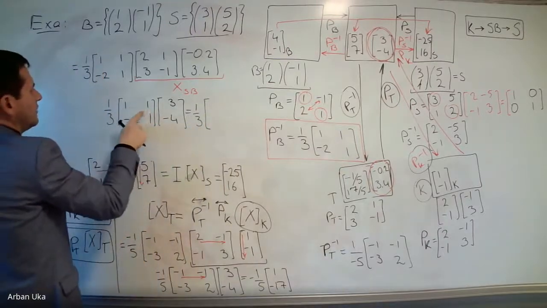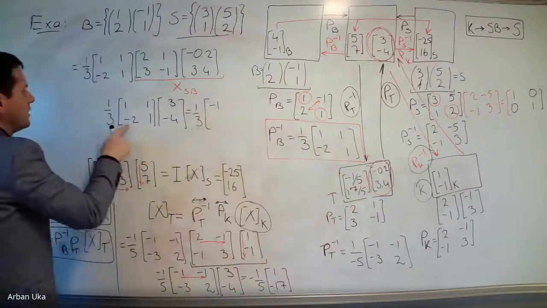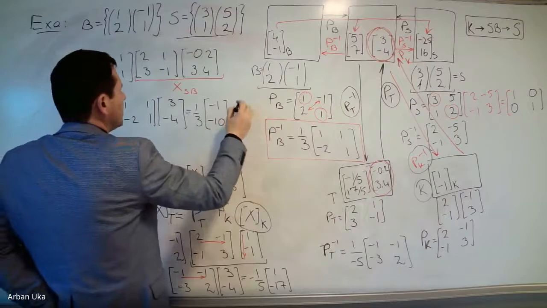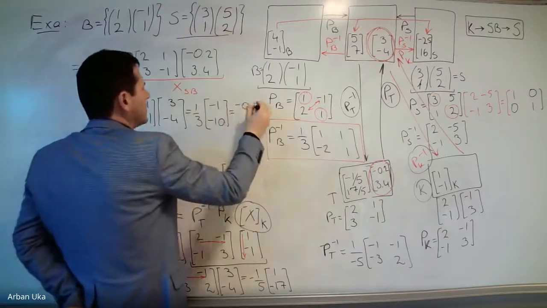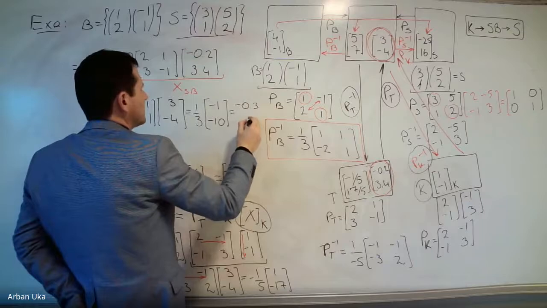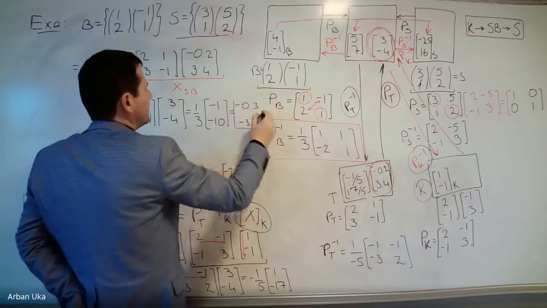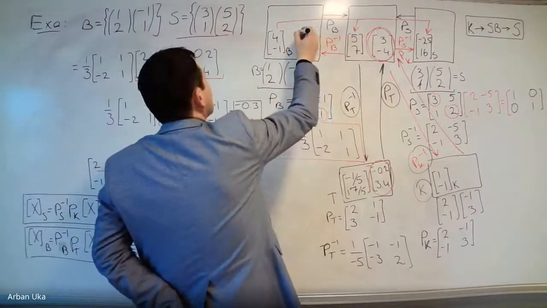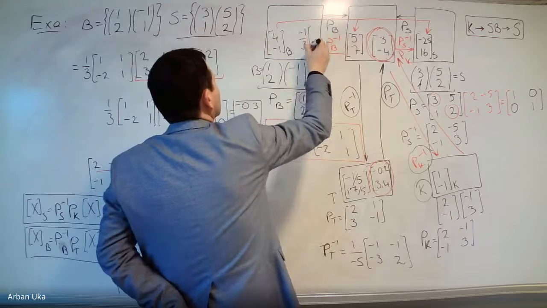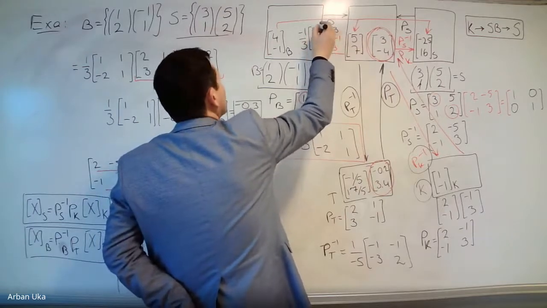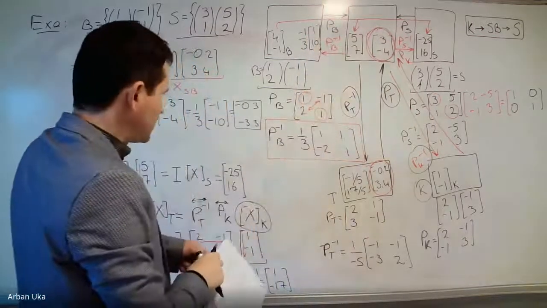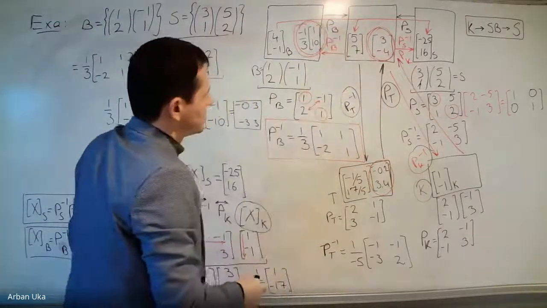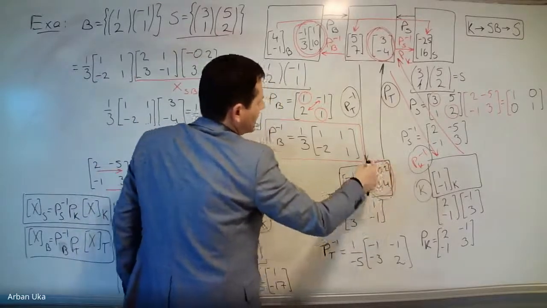But here we have 3 minus 4, this is -1, and 3 minus 6 minus 4 is -10. So the answer here, or maybe I can better write it, is -1 over 3 times (1, 10). This is the vector which was in red here in the basis B.